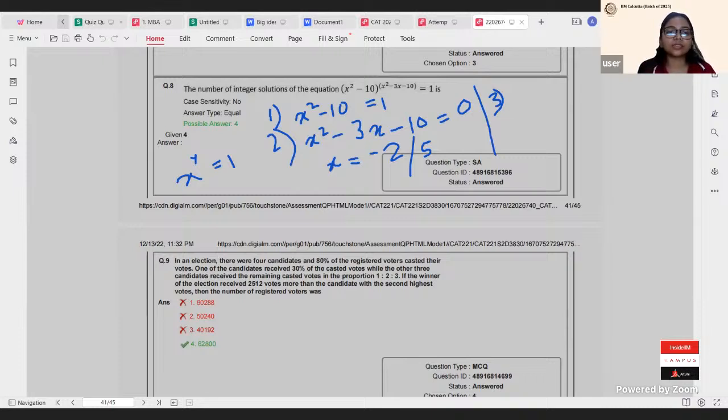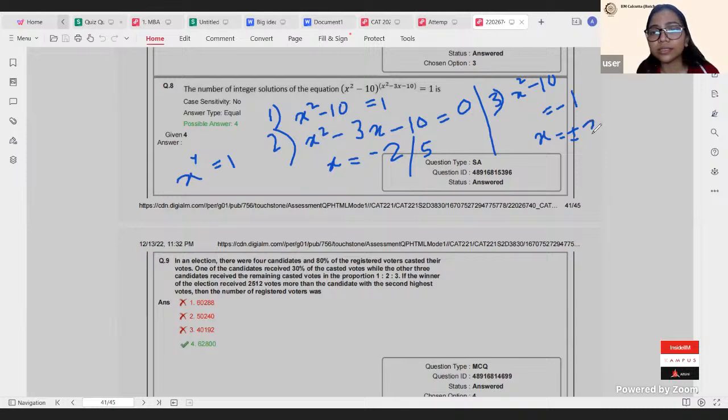So for that again, we'll have to write that x square minus 10 equals minus 1. So x square comes out to be 9, so x comes out to be plus minus 3, which are both integer values.